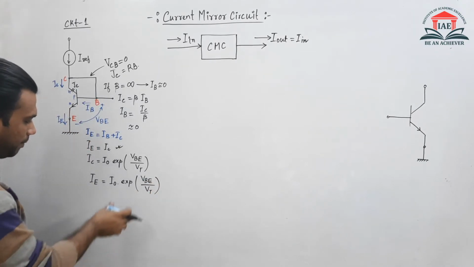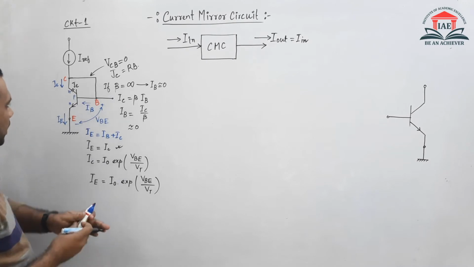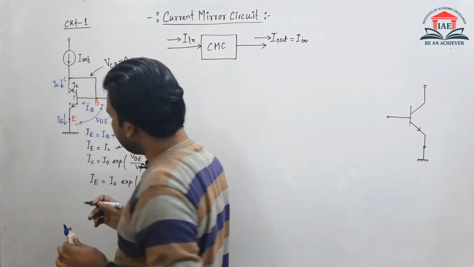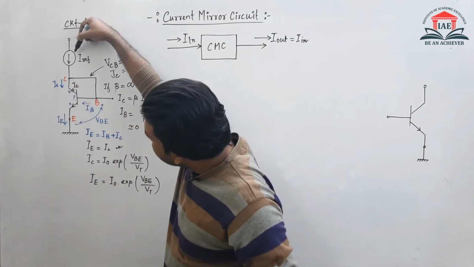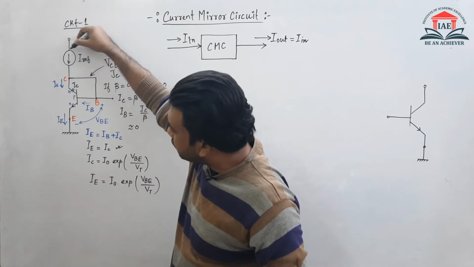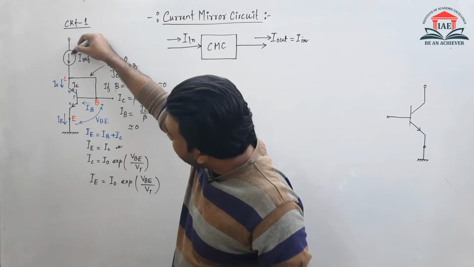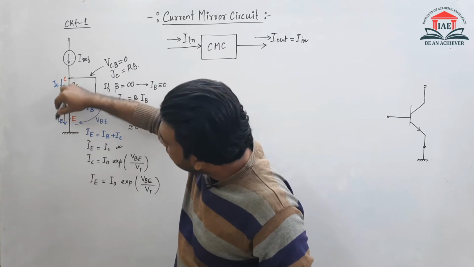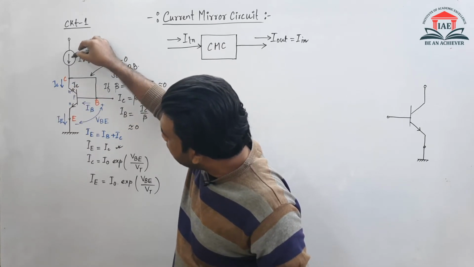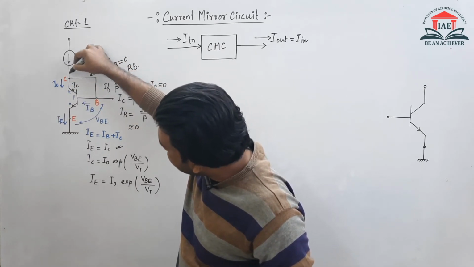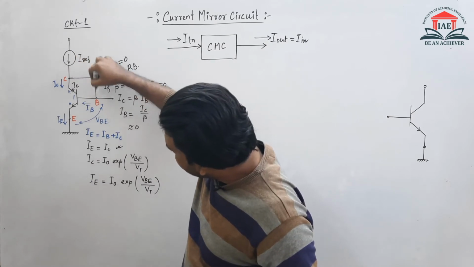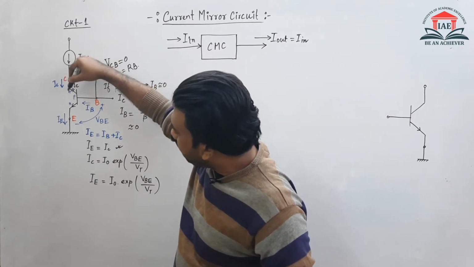Now from this equation, you can see that this is the I reference current source. So if this is the I reference current, this IE current will also be this I reference, because here the I reference current comes and divides in parallel.